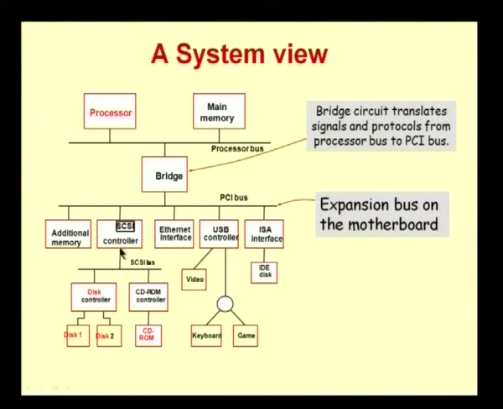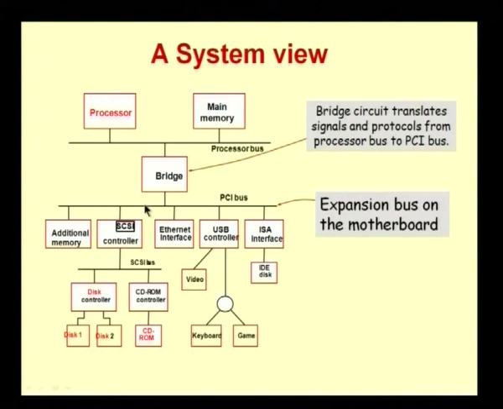So, the SCSI controller, remember the SCSI is used to connect other external devices. You can use this to talk to a disk, or you can use it to talk to a CD-ROM and so on. So, we have the SCSI bus. Through the SCSI bus we are able to connect to the disk controller and the CD-ROM controller, and through the disk controller and CD-ROM controller, different disks and a CD-ROM are connected. So, you can see the kind of hierarchical structure that is used over here.